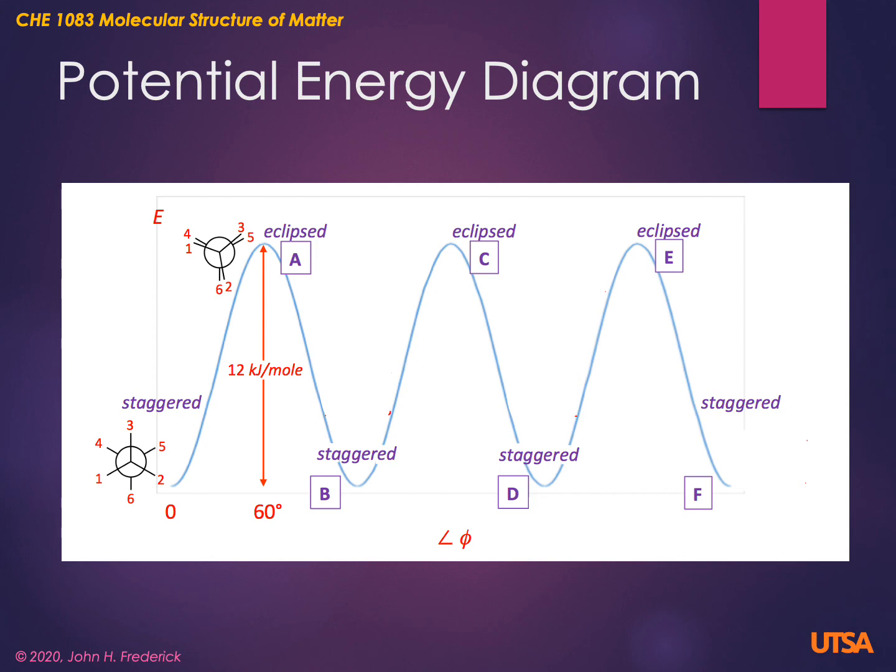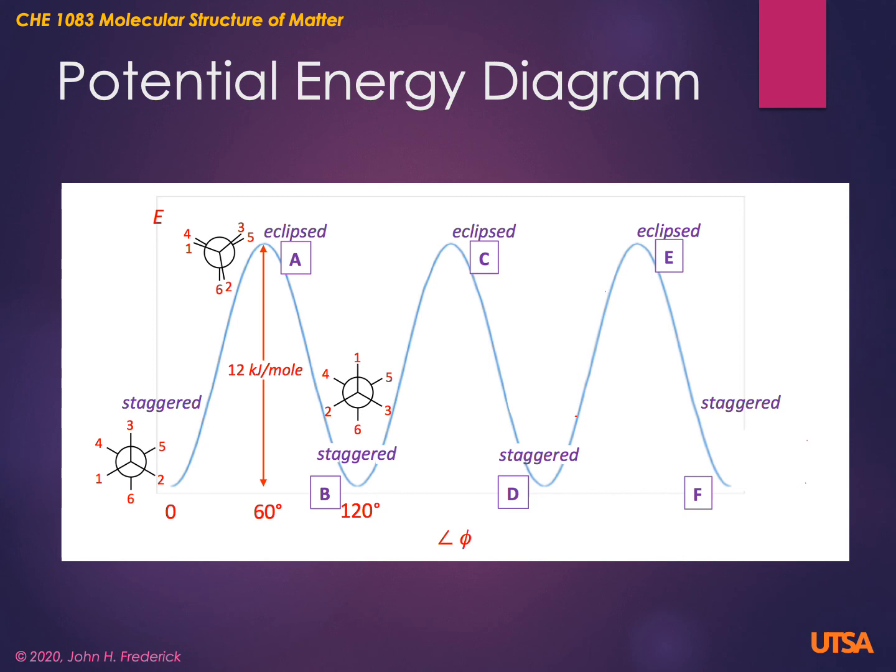So it's that first eclipsed conformation. In this case, all three positions are eclipsed with one another, and that's what leads to the 12 kilojoules per mole higher potential energy. When we go down again to another staggered conformation, we would find 1 pointing straight up now, and 2 and 3 have also shifted over by 60 degrees.